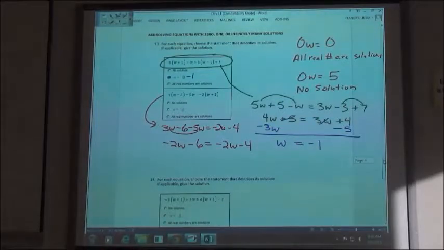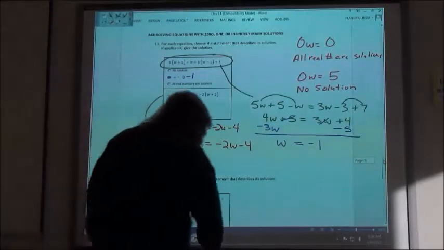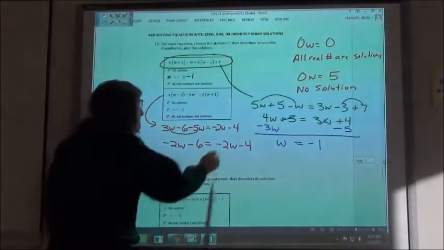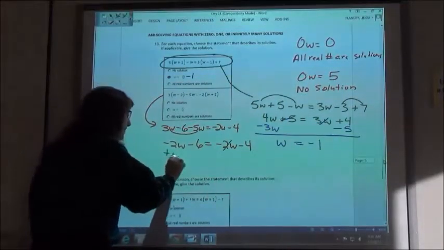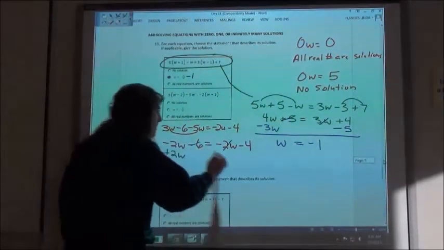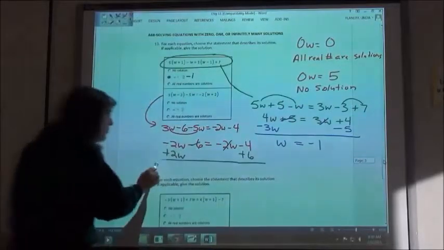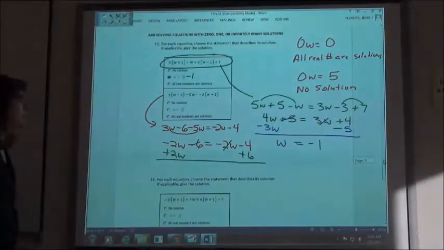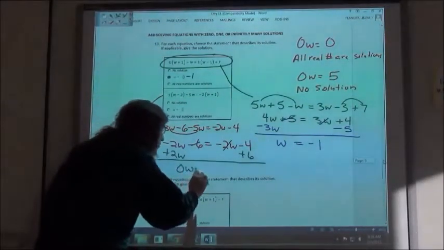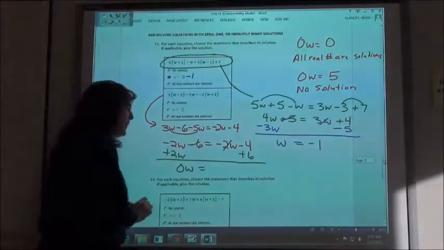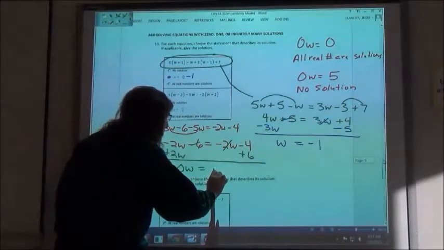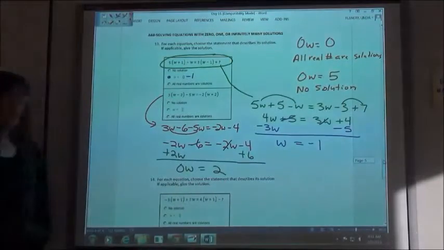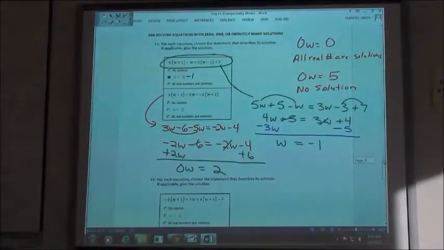Yeah. Okay, so if we're going to solve that, your 2W comes over to positive 2W. Your 6 becomes a positive 6. And so when we subtract, we get 0W equals 2. 0 times what number is 2? 0.